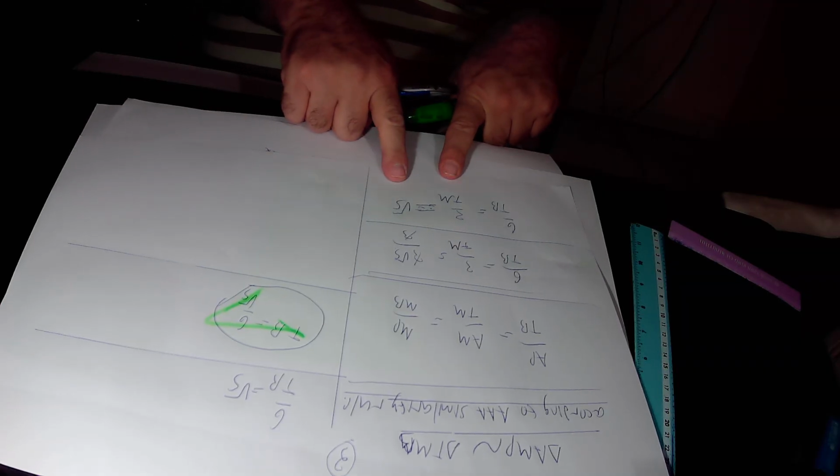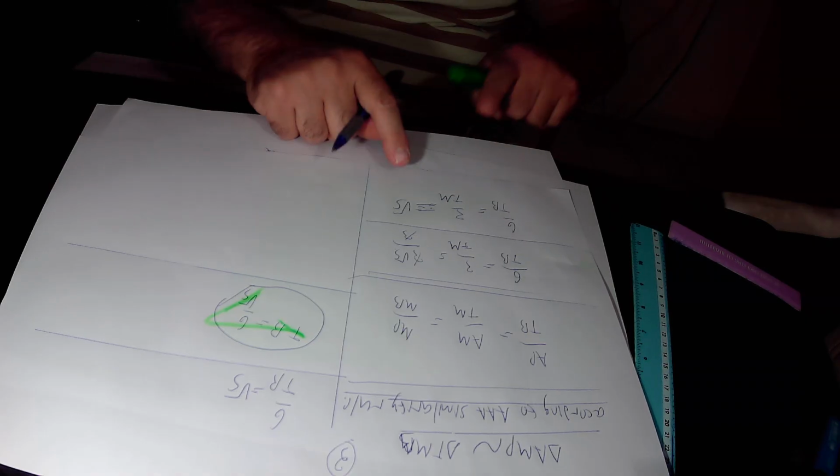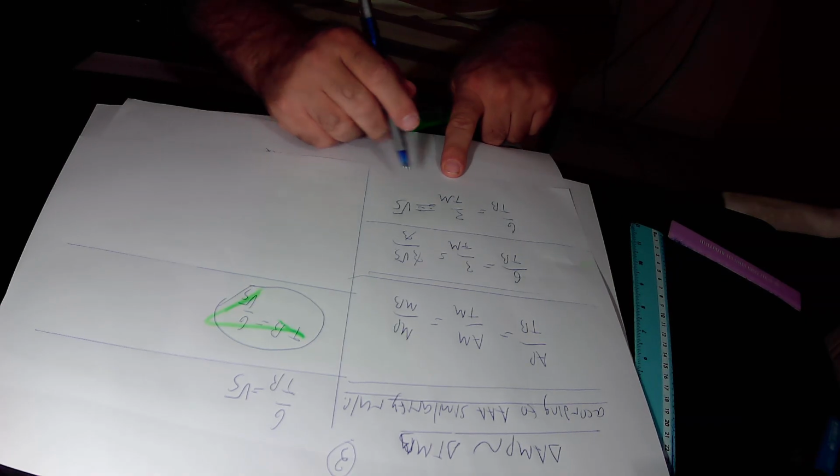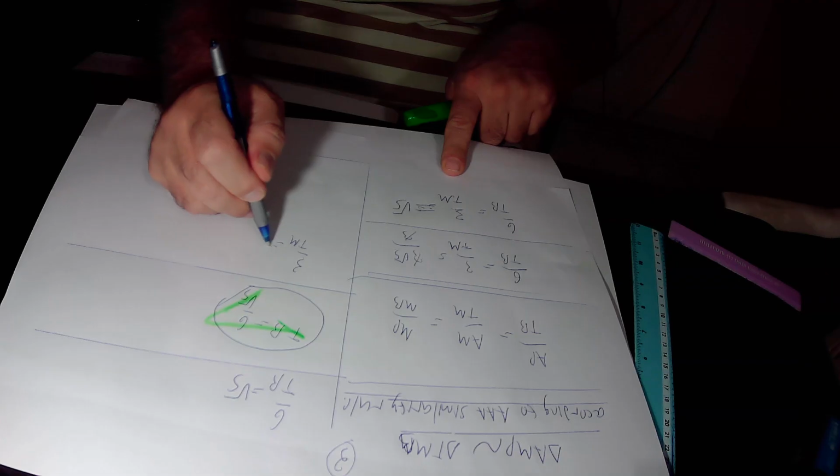Those two sides are equal to each other, so we get the second equation from those two sides. So here we get that 3 over TM equals the square root of 5.